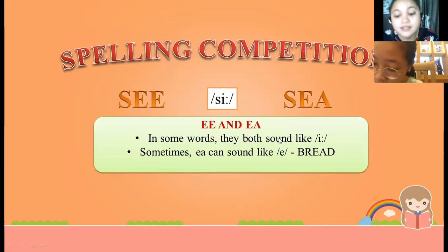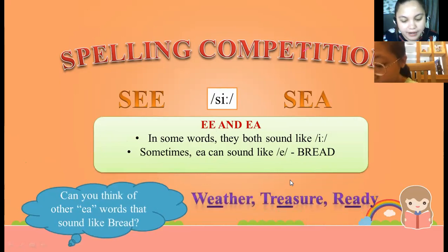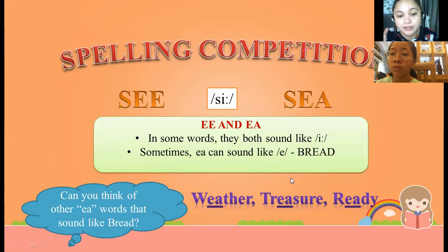So this one, double E and EA. In some words, they both sound like E. Sometimes EA can sound like E, for example, in bread. All right. So now, Laura, can you think of other EA words that sound the same as bread? For example, weather, treasure, and ready.